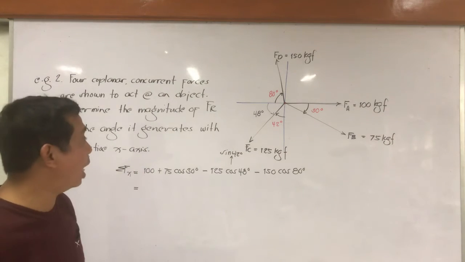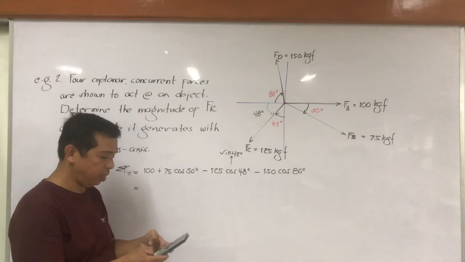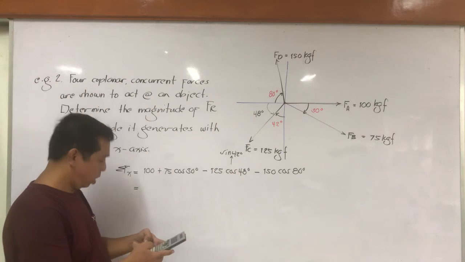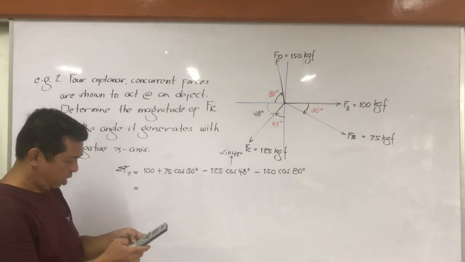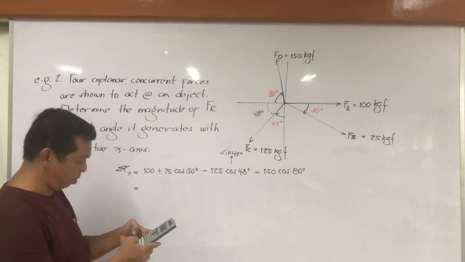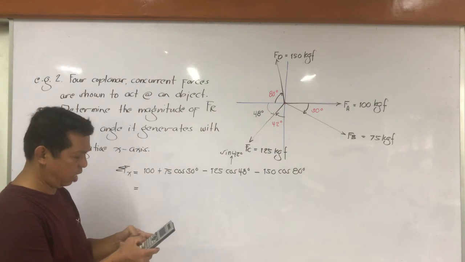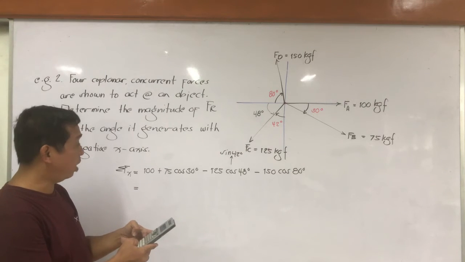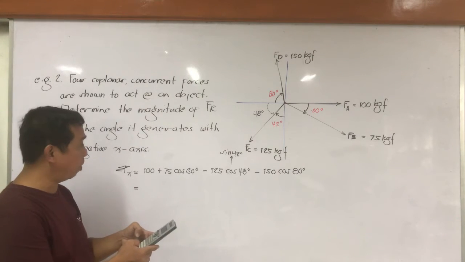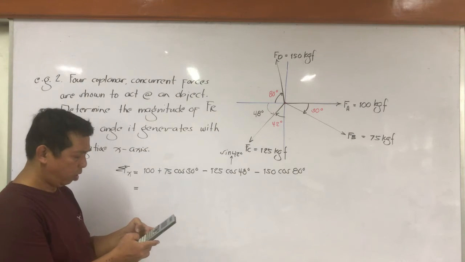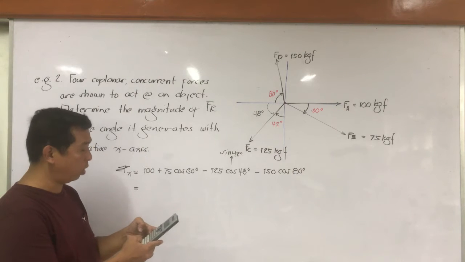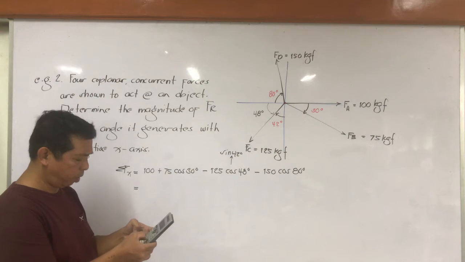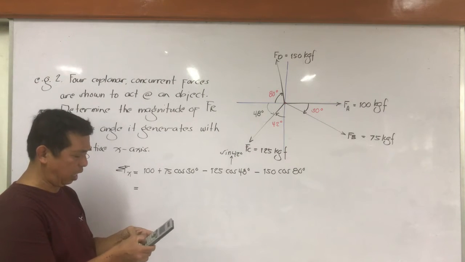So, pag kinabit natin lahat yan, that would have to be 100 subtracted with 75 cosine function of 30, subtracted with 125 multiplied by the cosine function of 48 and subtracted with your 150 kilogram force multiplied by the cosine function of 80.